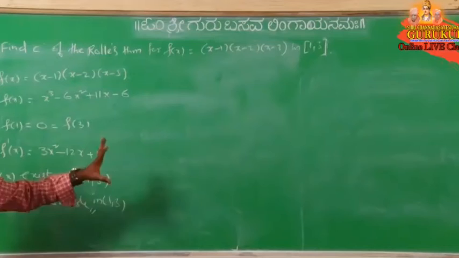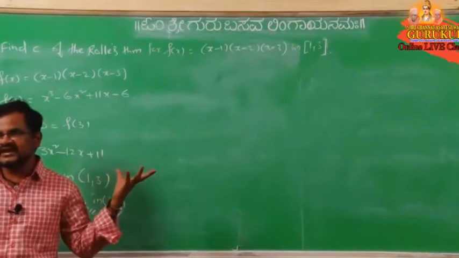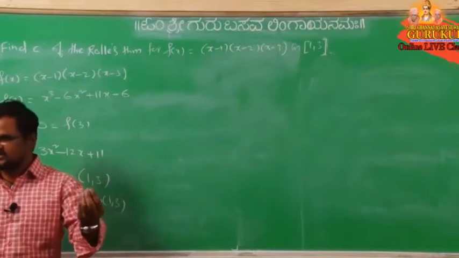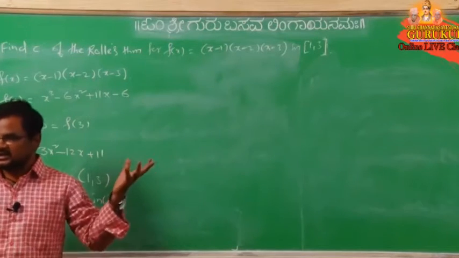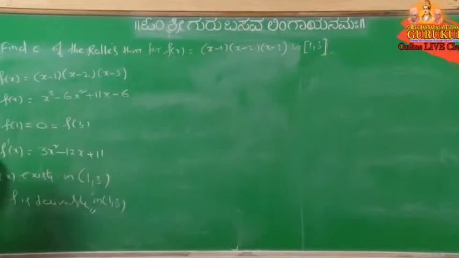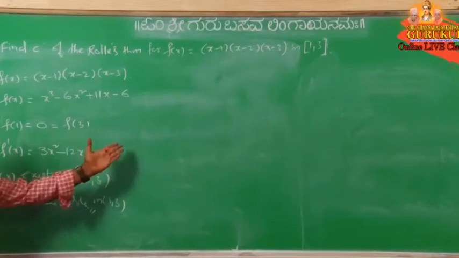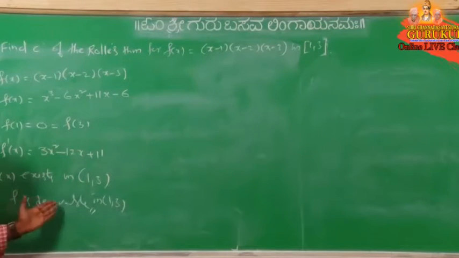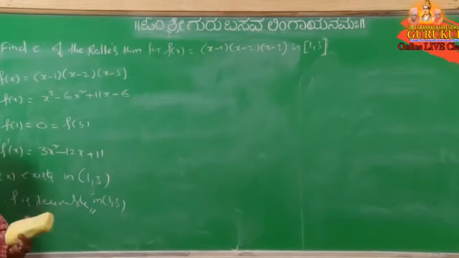And f of x is differentiable since it is a polynomial function, every polynomial function is differentiable also on open interval a comma b. Otherwise you can show it like this also: f dash x exists in this interval, so that's why f is differentiable, and therefore every differentiable function is continuous.